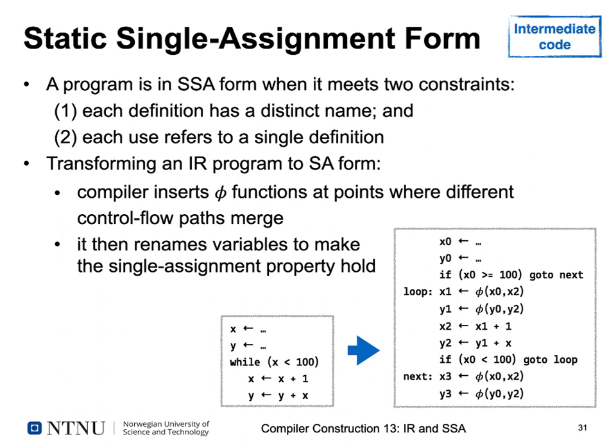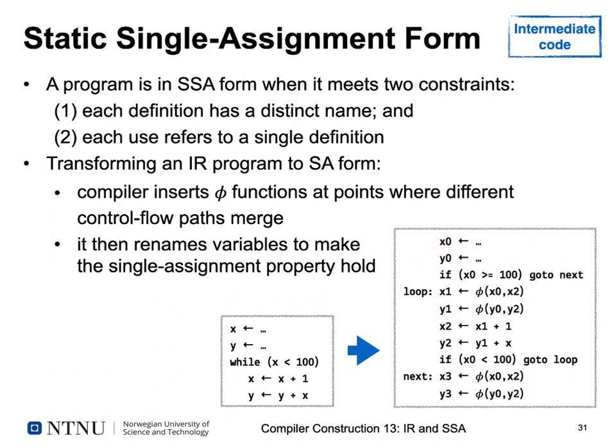Then we assign x1 to either x0, which comes from up here, or x2, which was assigned down here. We also assign y1 to either the value of y up here or the value of y calculated down here. So we have a new assignment to x and y, so we need to increase the indexes here from 0 to 1.